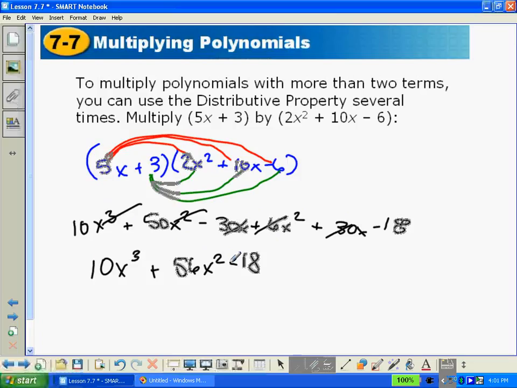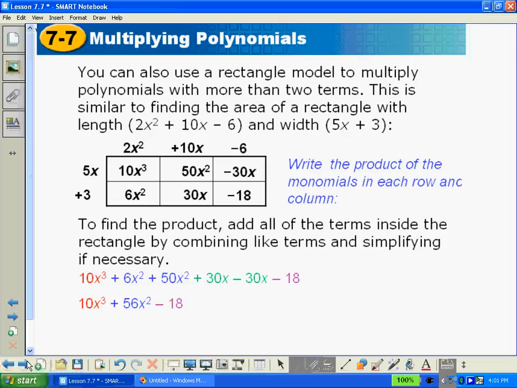That's the method that I use to solve polynomials times polynomials, but there are 2 other methods that you could use. There's the rectangle method, which I'm going to show you here. In the rectangle method, you put one polynomial along the top of the box, and the other polynomial along the side. It's like finding the area of each little square. And then all of the things inside are the terms that you add together and you simplify.